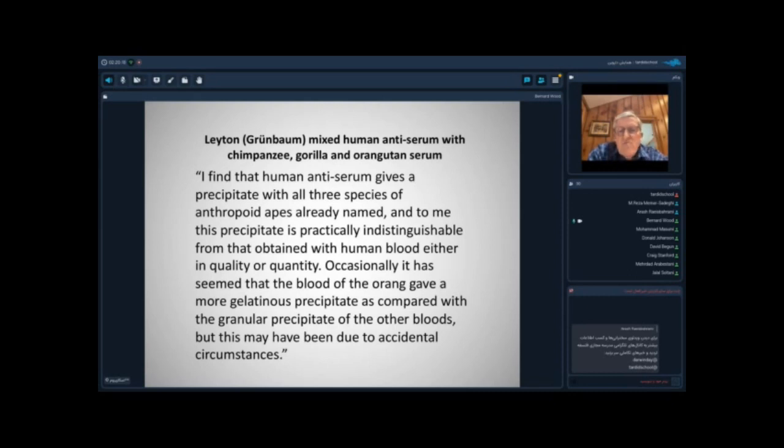And he wrote that I find that human antiserum gives a precipitate with all three species of anthropoid apes already named. And to me, this precipitate is practically indistinguishable from that obtained with human blood.